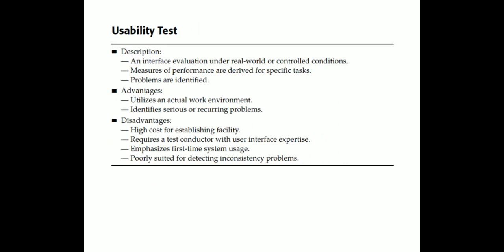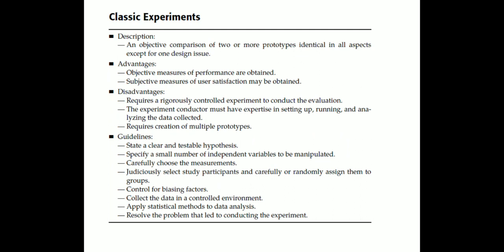Moving on to the next type of test, that is classic experiments. So when there are two or more design alternatives, either of which may appear possible, a classic experiment may be developed to compare them directly.